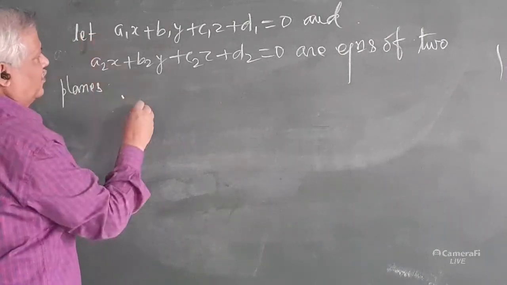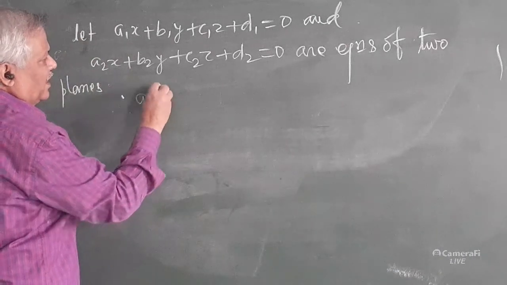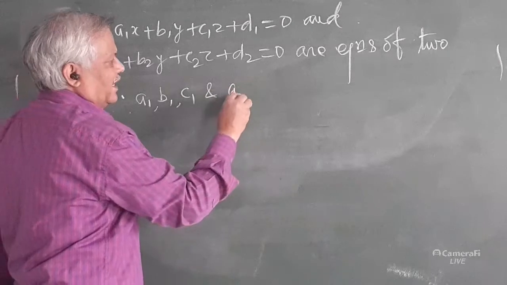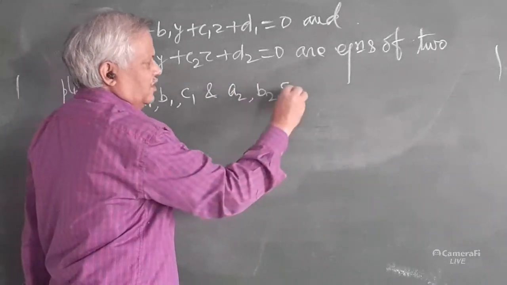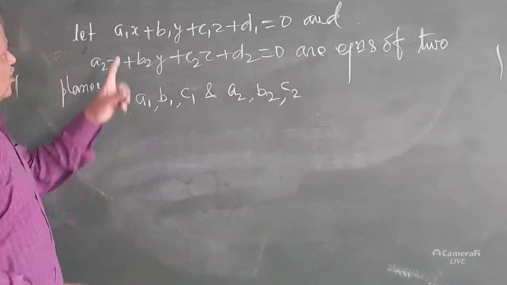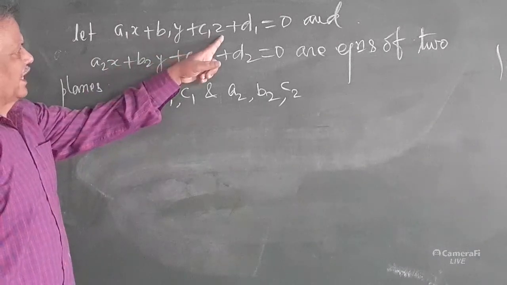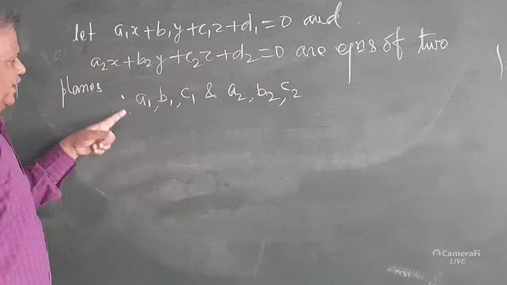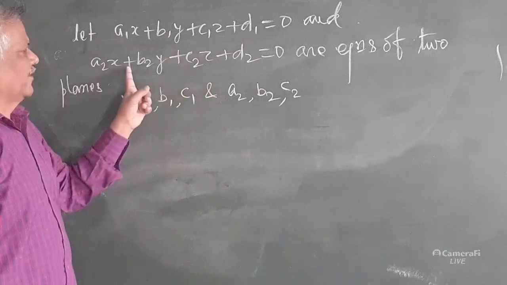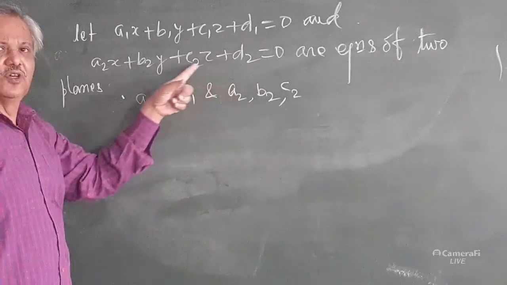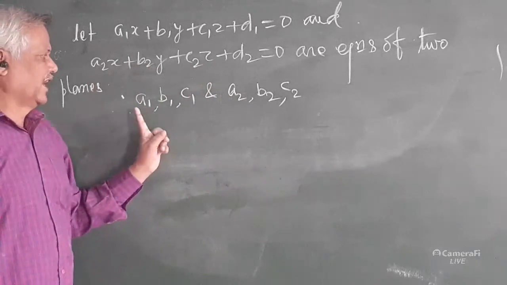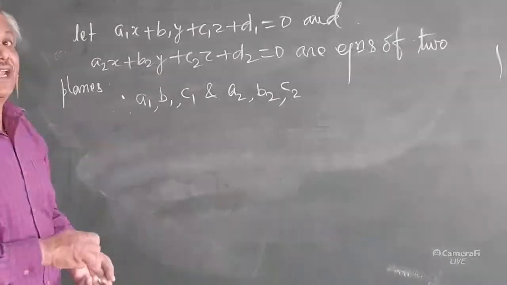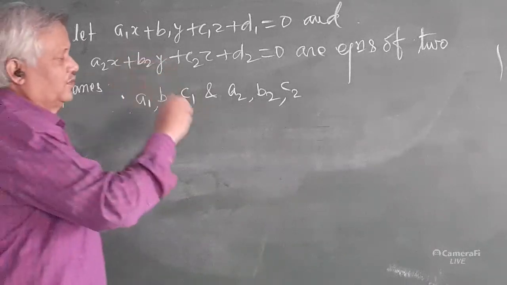Therefore a1, b1, c1 and a2, b2, c2, that is, the coefficients of x, y and z from the equation of the first plane and of the second plane, are the direction ratios of the normals to the planes.